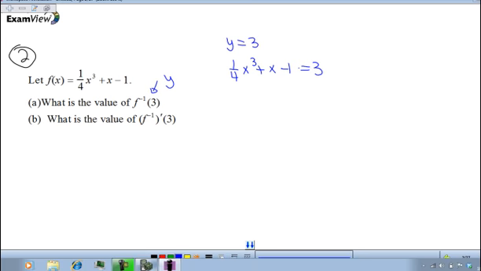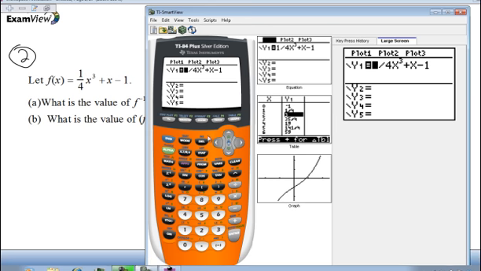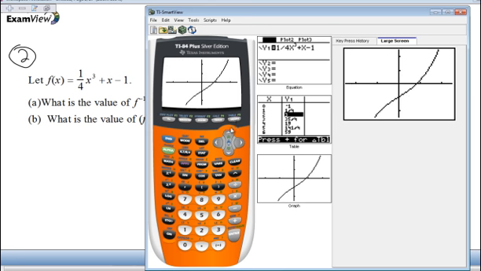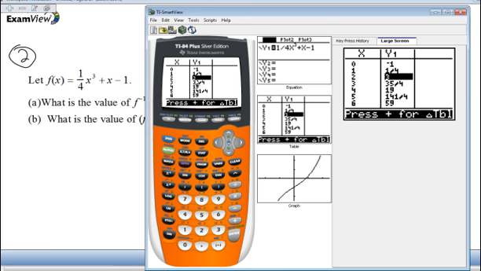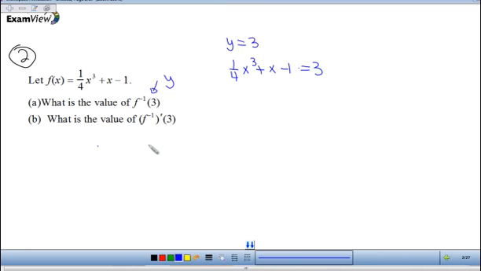So we're going to use our calculator. We're going to graph 1/4 x cubed plus x minus 1. Okay, so there's the graph. Now we're going to use our table. If you go into second table, here's your table. You want the y value of 3, so you're trying to find the x. So x is equal to 2.